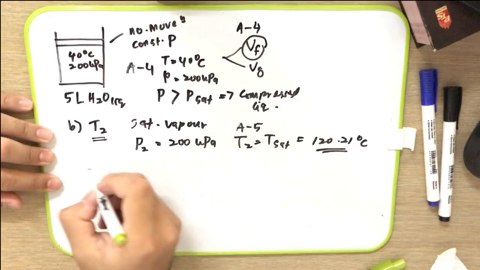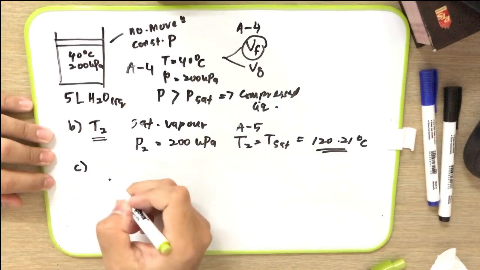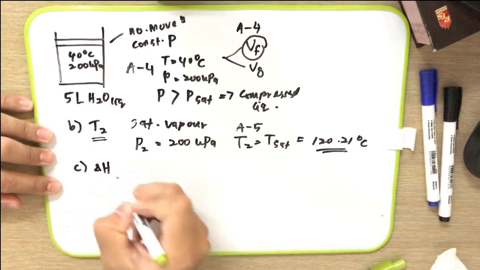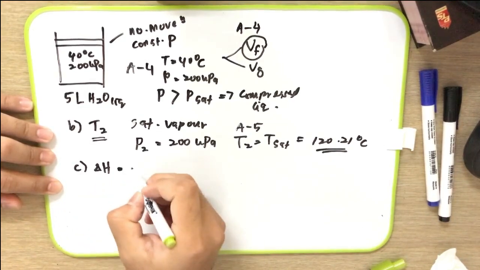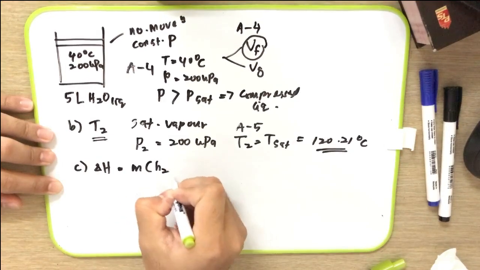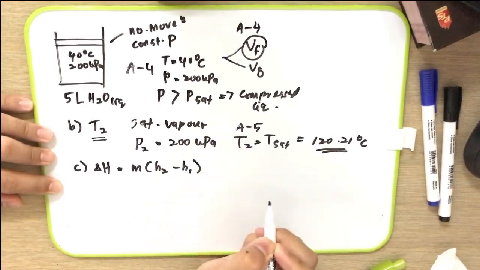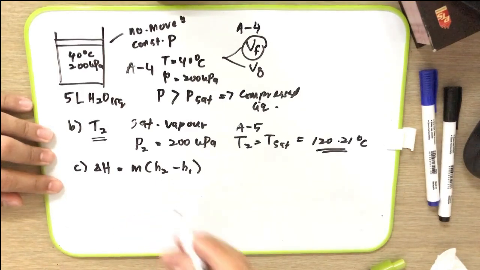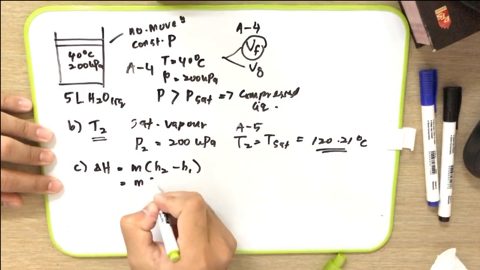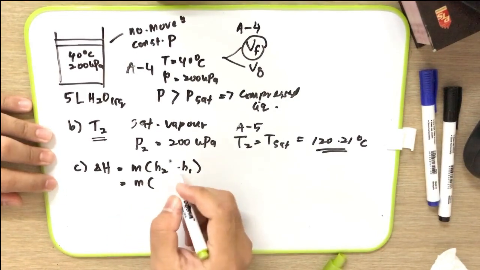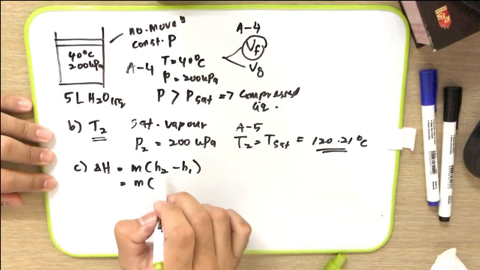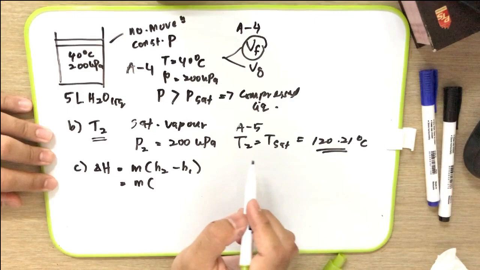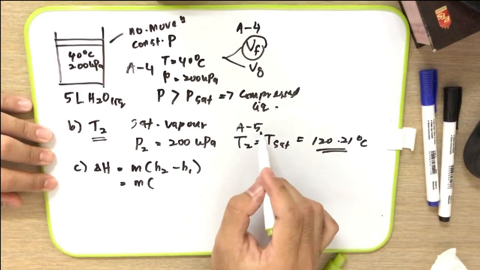Next, question C. We need to find the total enthalpy change, which is delta H. It is equal to m(H2 minus H1). But which H2 and which H1 should we find? We look back. For H2, we need to find H2 at 200 kilopascal in table A5.